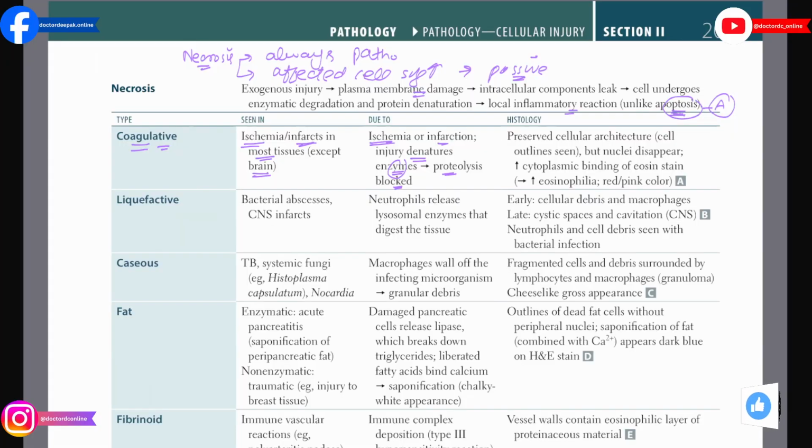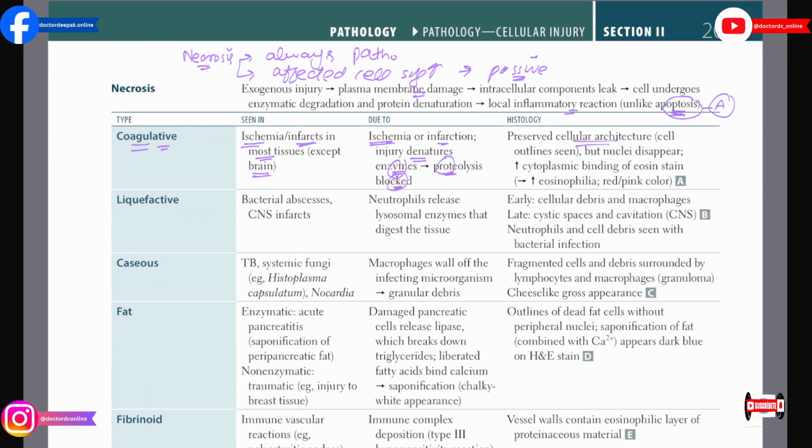They can ask you how in coagulative necrosis the cell architecture is preserved. It is because in coagulative necrosis, the enzymes are denatured. When the enzymes are denatured, then the proteolysis is blocked.